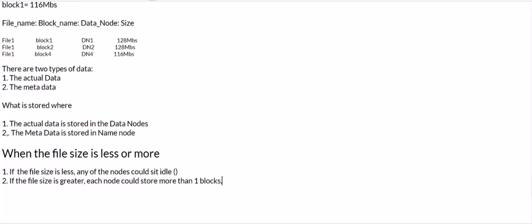This concept is very important. At the start, most people think that each node is meant to save only 1 block, but this is not the case. As per the requirements, each node can contain more than 1 block. And if the file size were 1500 MBs, we would have 12 blocks, so each node would be saving three blocks. Is it clear?